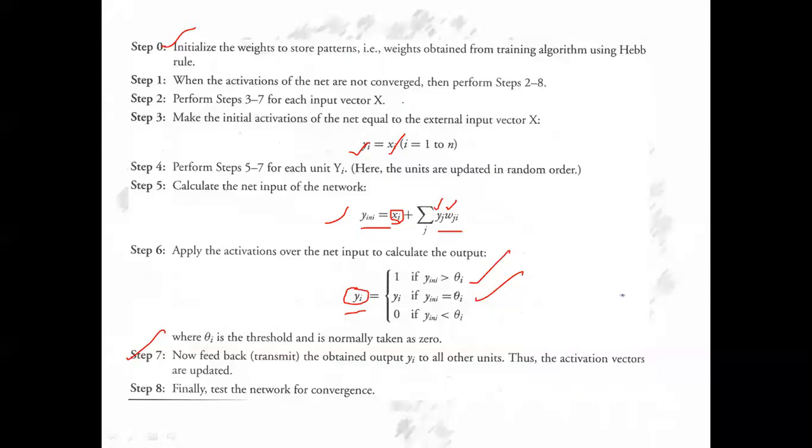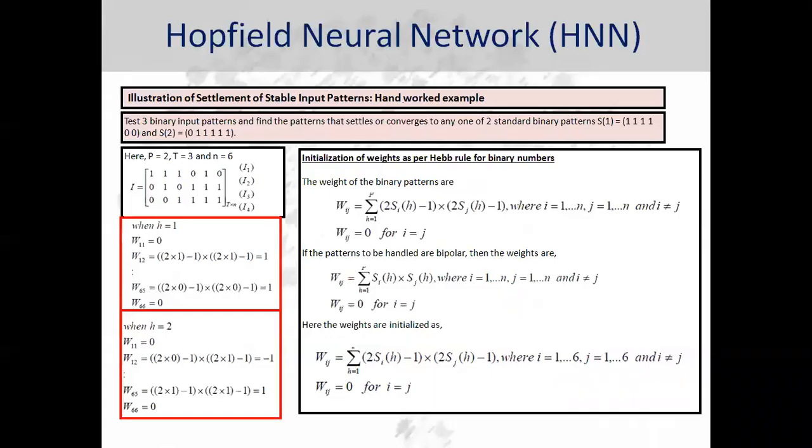Let us go through a numerical example. The problem says that we have to design a Hopfield neural network that stores two patterns, S1 and S2, each containing six features. So just by looking at these two patterns, we can think about the architecture of the Hopfield neural network.